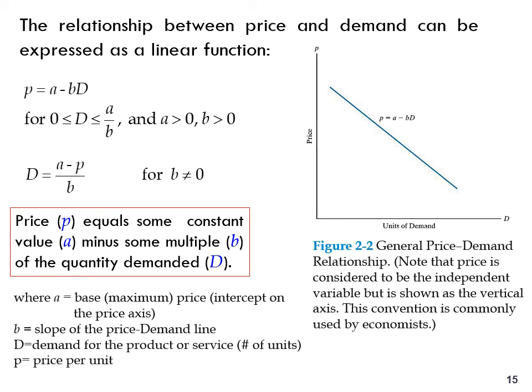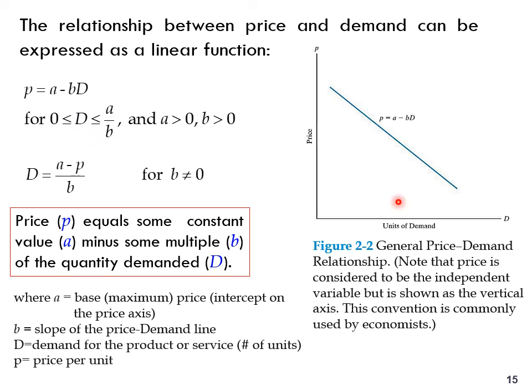So we obtained these equations. We have written that this price is A minus BD. A is the intercept of the price, the maximum price, and B is the slope of this line. And we said that we have several conditions.